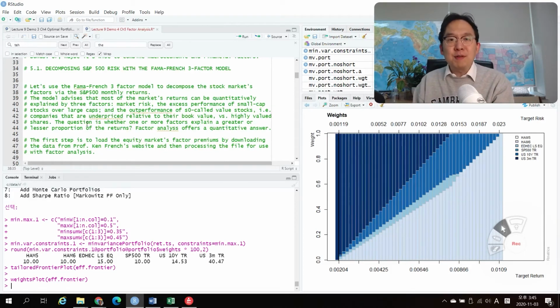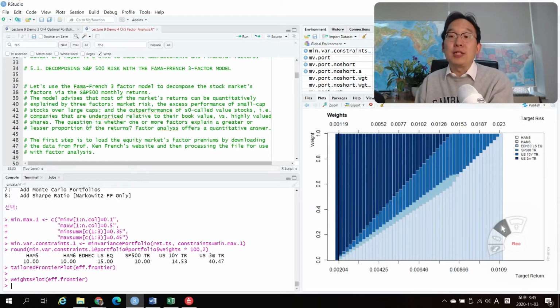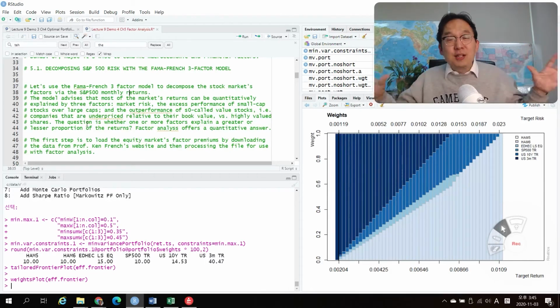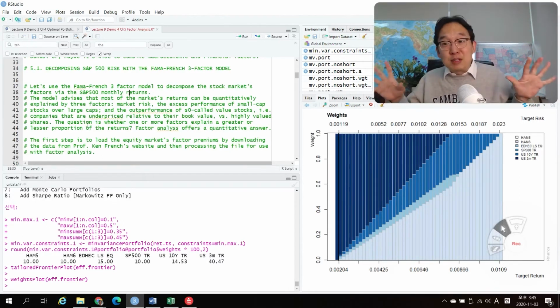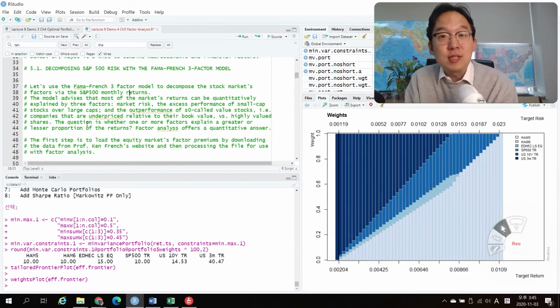Isn't the S&P 500 index already a market index? Yes and no. Okay. The market index that we're going to use over here will be based on all the stocks in the United States, 6,000 different stocks, not the top 500. So small stocks and mid-cap stocks are excluded in the S&P 500. So that's why we still can do this kind of decomposition.